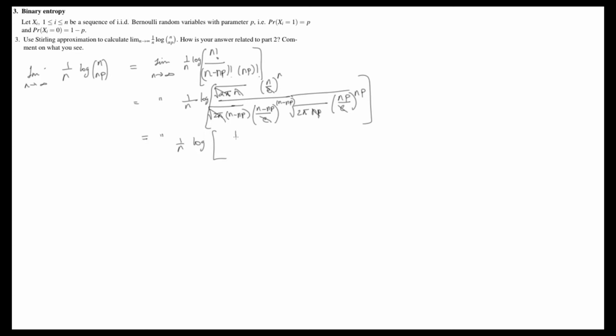So I'm going to simplify this and write this as 1 over root 2 pi, and let's pull the n out of this. So we have n times 1 minus p. I'm going to write the 1 minus p separately, 1 over root n. And let's see.